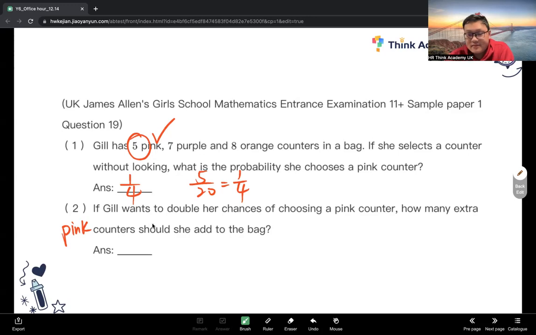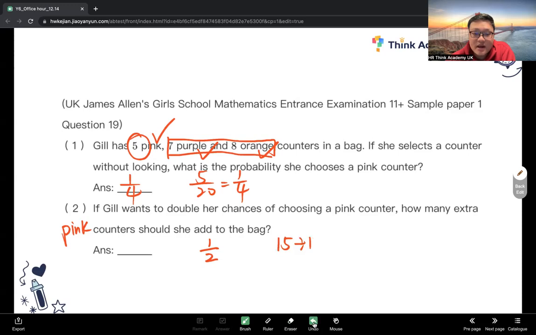Of course not. So guys, if you want to double your chance, you need to focus on the unchanged part, right? So far it's a quarter. And if you want to double it, the probability must be a half, right? And that means the probability of purple and orange will be a half as well. That means in total, in this bag, you need to have how many counters? You need to have 7 plus 8, which is 15, and that is half.